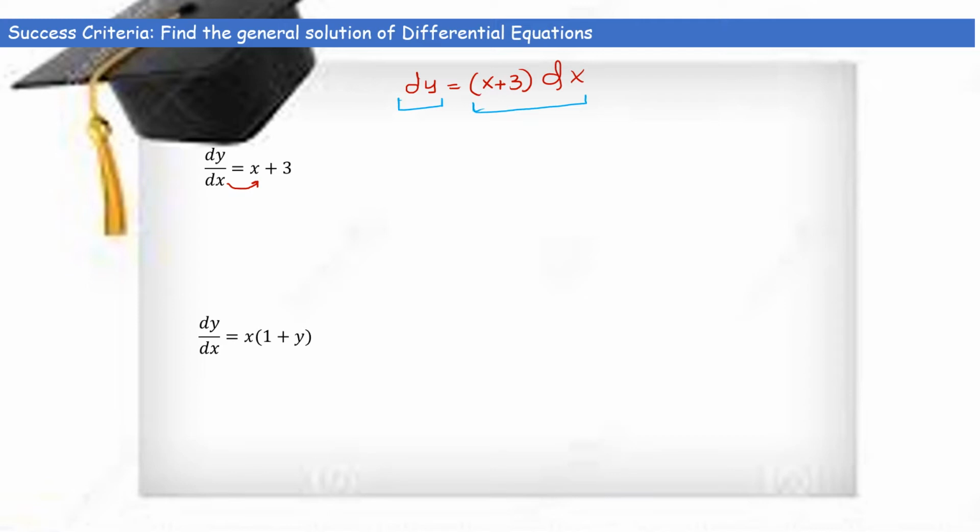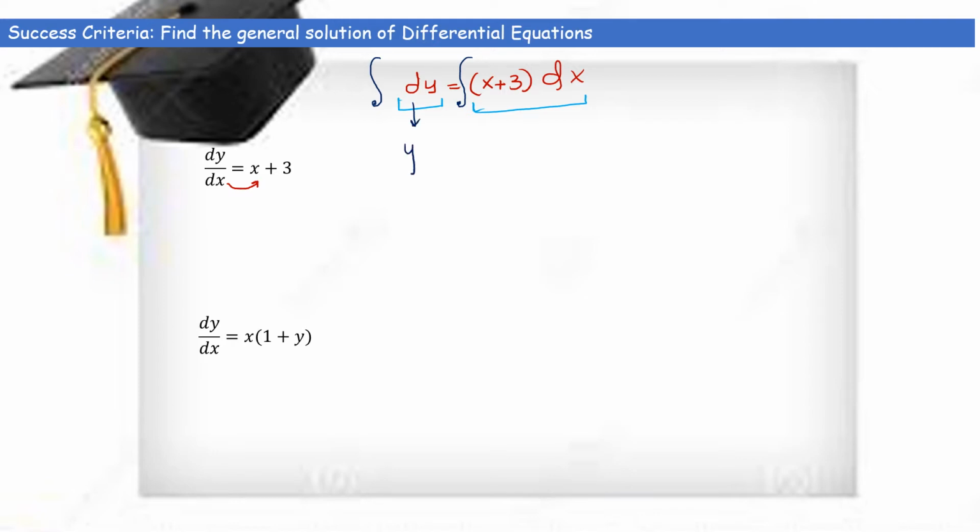Once they are separated from each other, take the antiderivatives, meaning integrate. Now integrate the left hand side with respect to y and integrate the right hand side with respect to x. So what is the antiderivative of dy?